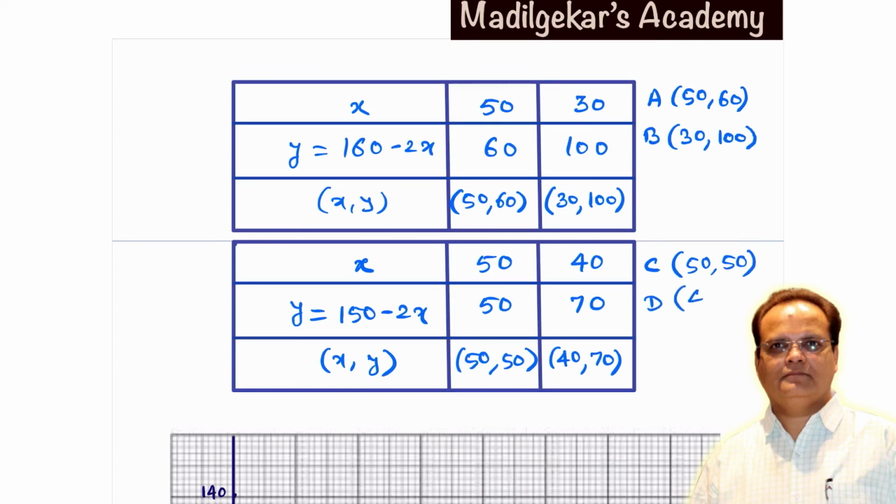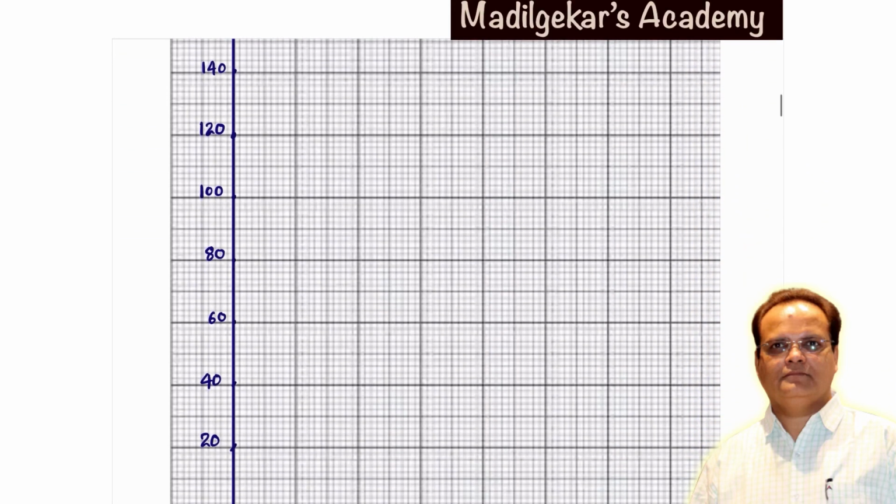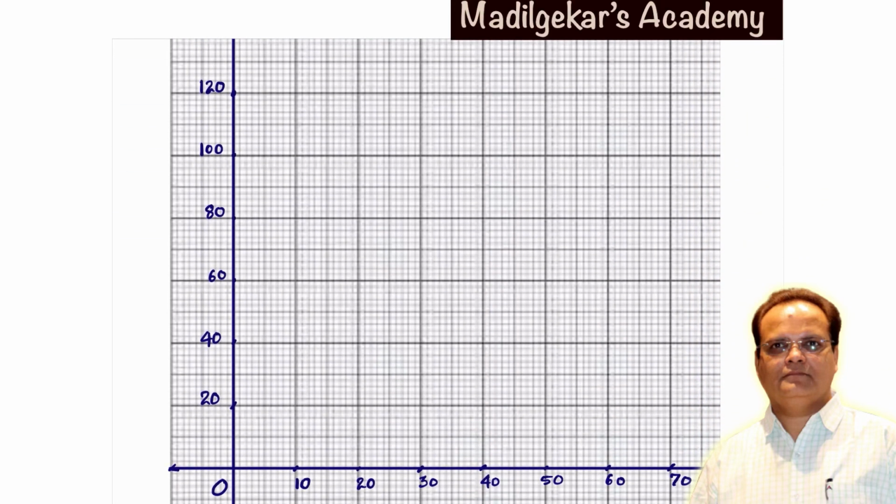and D (40, 70). Let us plot these 4 points on graph paper. The first point is (50, 60). 50 on the x-axis and 60 on the y-axis. So this is the point A. The second point is (30, 100). So it will be here, B. Join A and B. This is the first line.